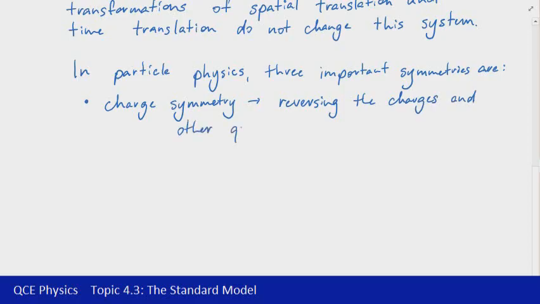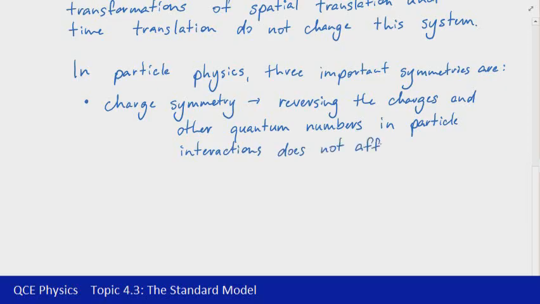By other quantum numbers we mean things like the spin, the baryon number, the meson number, and if we reverse those things, it is not going to affect the particle interaction that we're dealing with. So that means that the particle interaction will still occur even if we reverse all of those particular properties. We've already had a brief look at this in a couple of situations, but the one that we're going to focus on again is the decay of a positive pion.